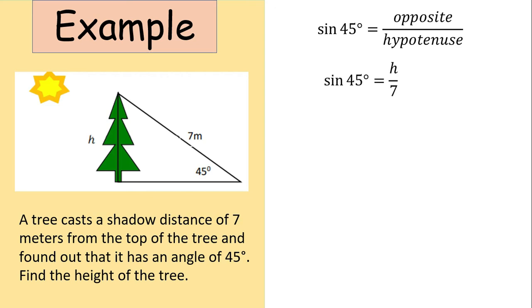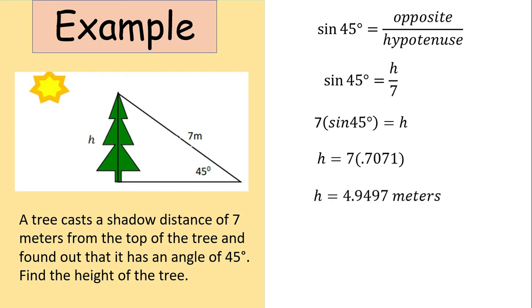Substitute, cross multiply, and simplify. What is sin 45? We will have height is equal to 7 times 0.7071. So, our height is equal to 4.9497.